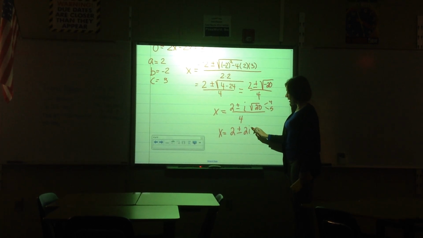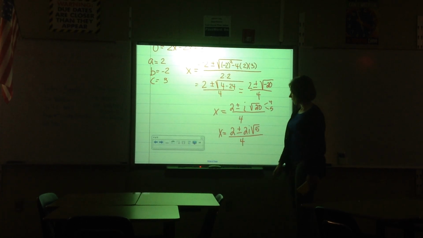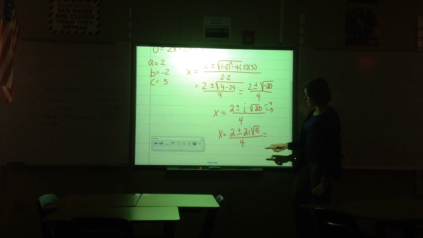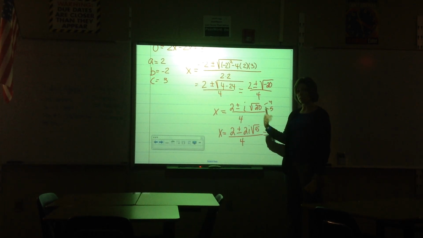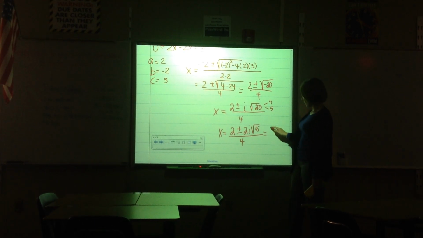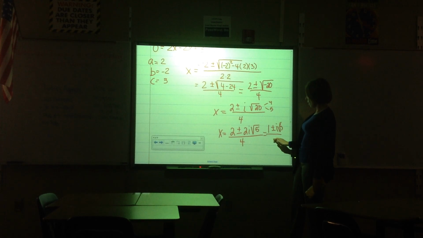So I'm going to have 2i square root of 5 all over 4. Yes, we can go one more step, because these are all divisible by 2. Every single part has to be divisible by 2 in order to simplify. So we're left with 1 plus or minus i square root of 5, sorry about the board there, all over 2.